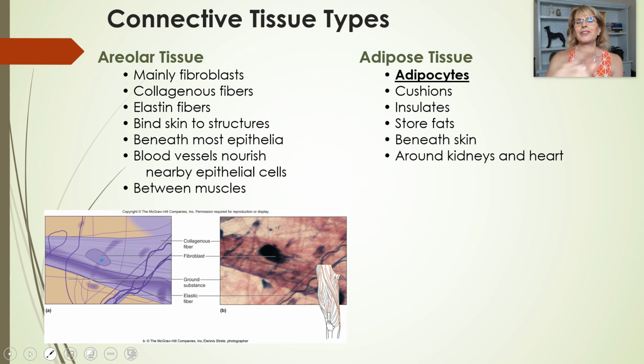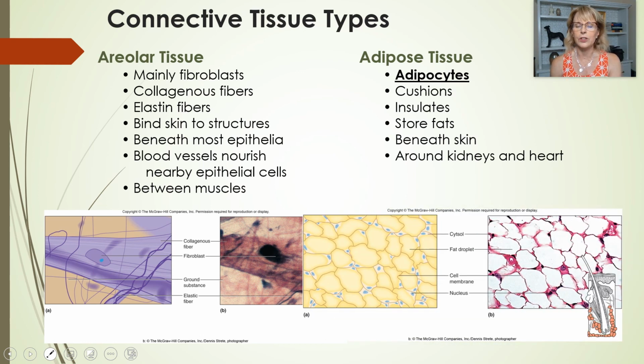Adipose tissue. Adipose tissue is where we store fat, and the cells that live there are called adipocytes because that means fat cells. By the way, in Latin, Greek, whatever, cytes just means cells. And then whatever is at the beginning tells you what kind of cell. So osteocytes, bone cells, hepatocytes, liver cells, right?